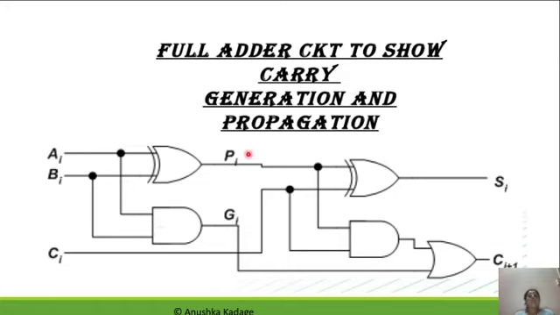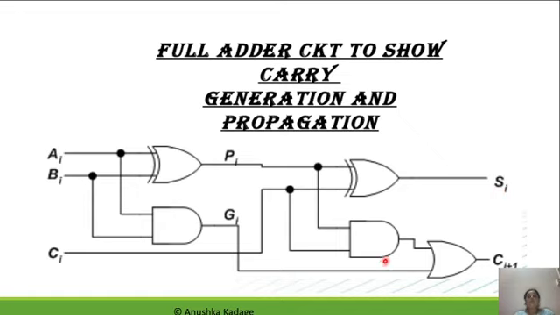Now from this propagation and generation of the carry bits, we have the generation of the sum output and carry output for that full adder circuit. So this sum output is going to take the carry propagation and carry in for that particular stage. It is going to XOR those bits, and that XORing output will be presented as that stage's sum output.